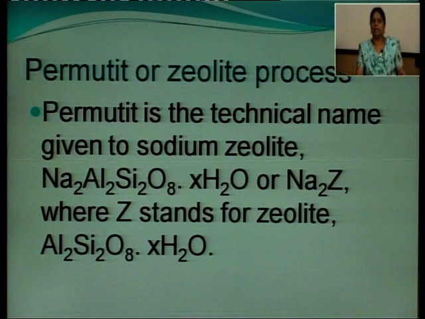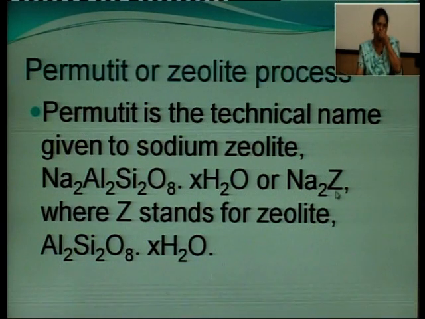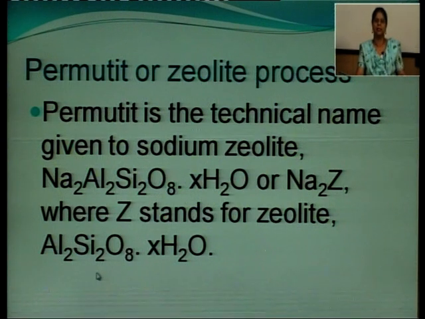In general, we can represent sodium zeolite by the formula Na2Z, where Z stands for Al2Si2O8·xH2O. In the coming chemical equations, we will be representing permutit by this formula, that is Na2Z.